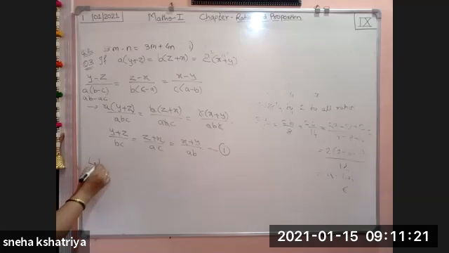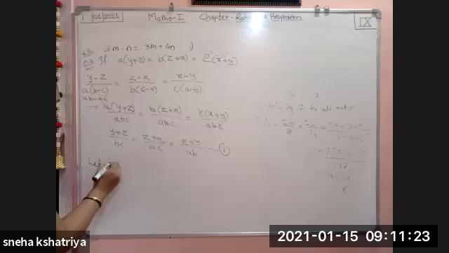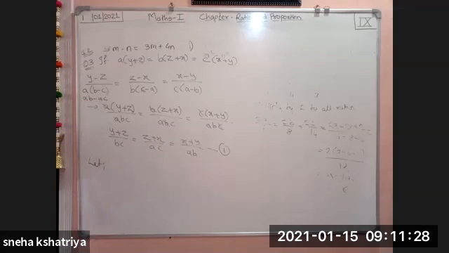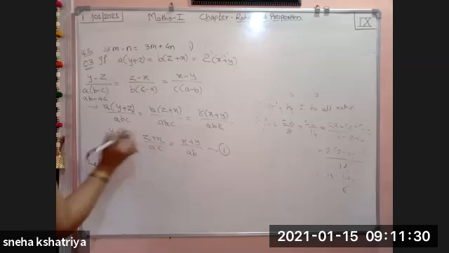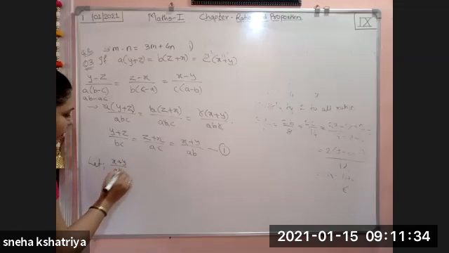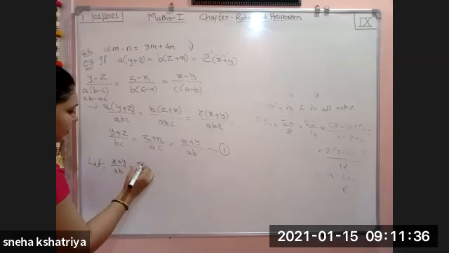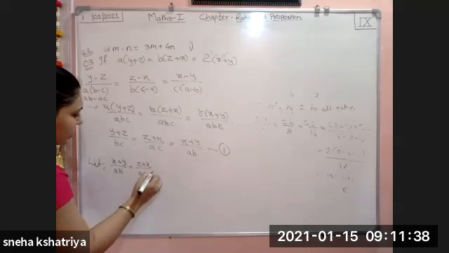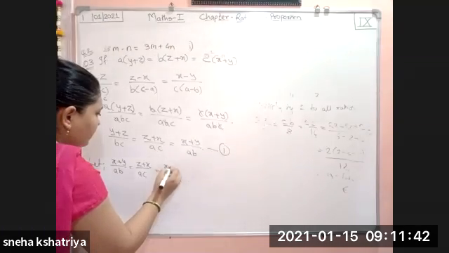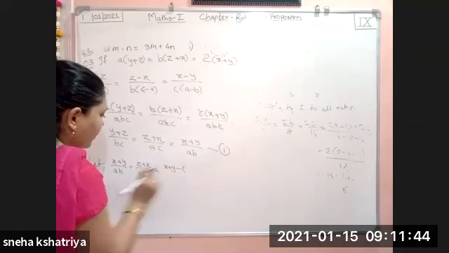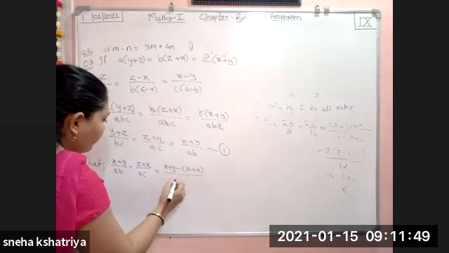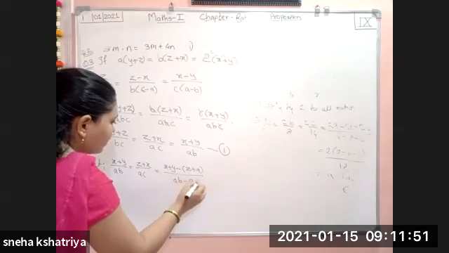Let us consider like this. First take ab, then ac, because ab − ac is there. So here (x + y) / ab = (z + x) / ac, which is equal to what it will become? [(x + y) − (z + x)] / (ab − ac).